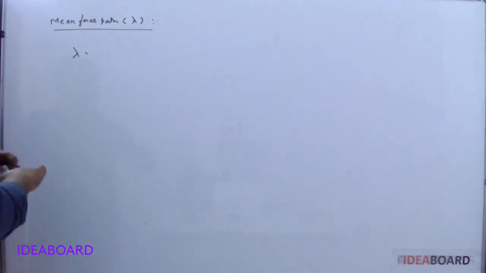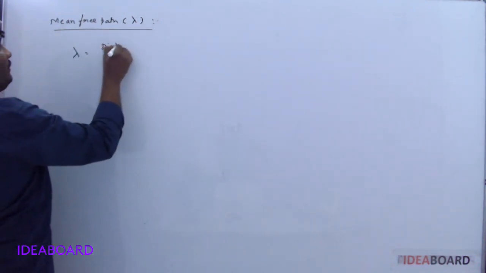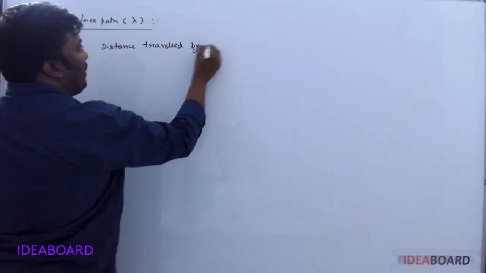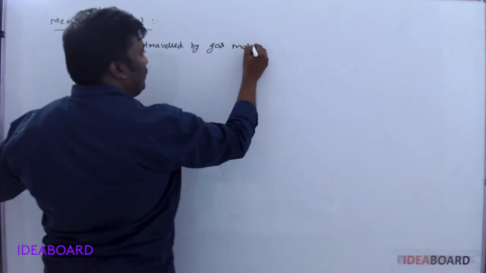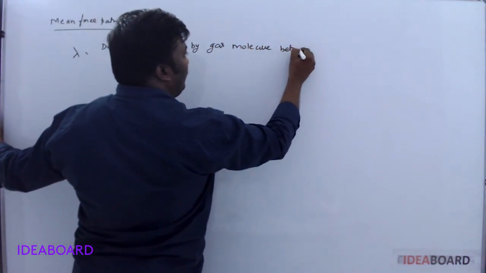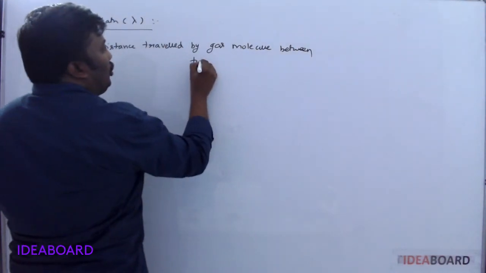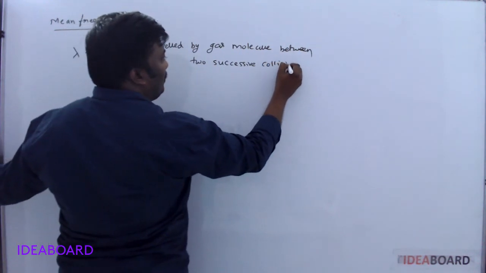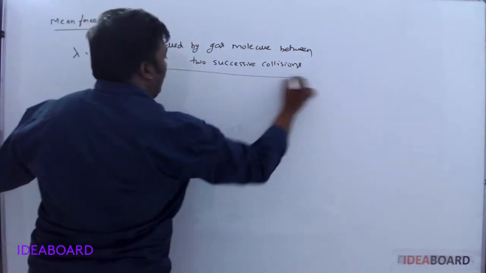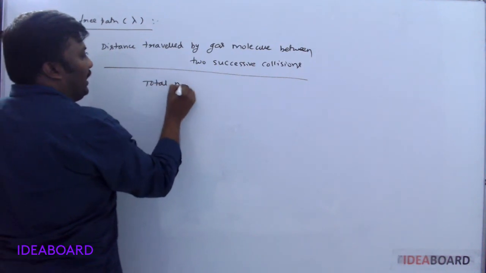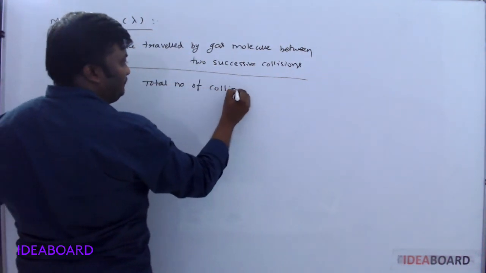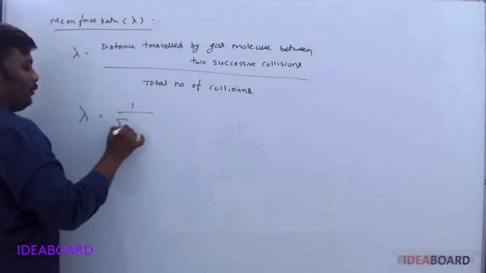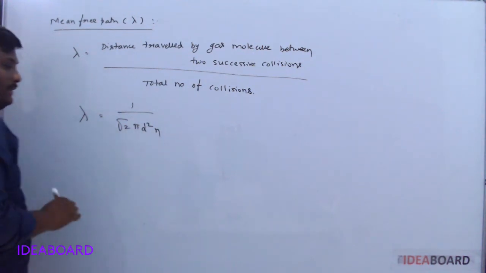Lambda tells about the distance traveled by a gas molecule between two successive collisions, divided by the total number of collisions. Okay, it has one formula: 1 by root 2 pi d square n.